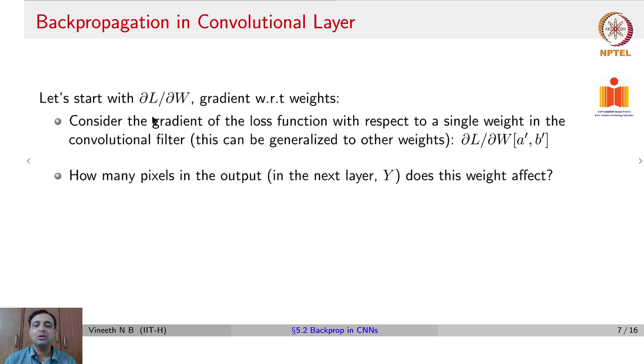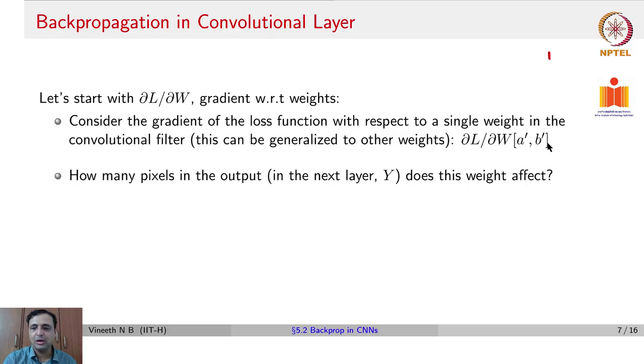Let's start with ∂L/∂W, the gradient with respect to the weights in the filter. To do this, let's consider one particular weight in the convolutional filter. Let's say that you have W at (a', b') as one location on your filter.